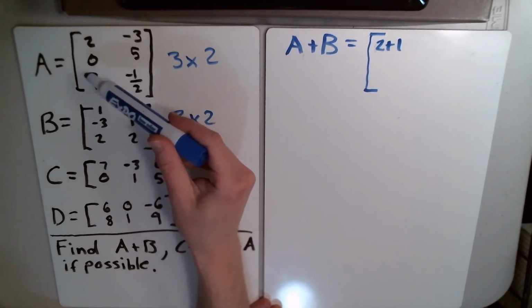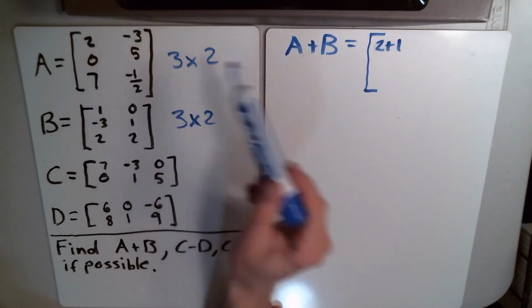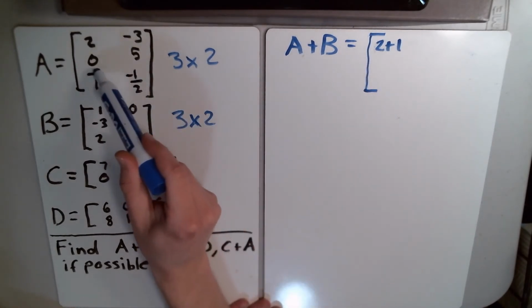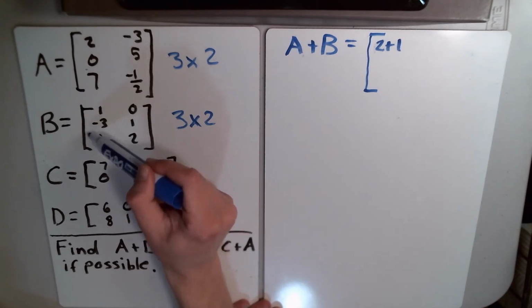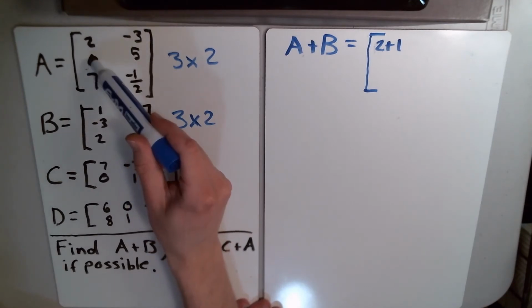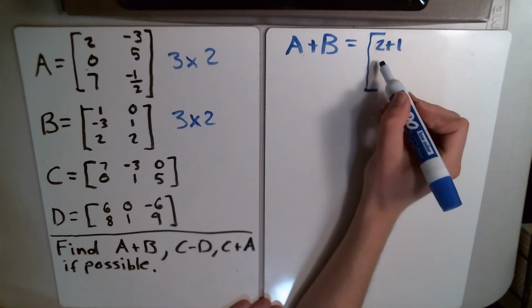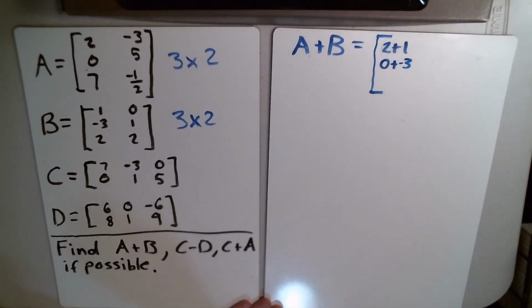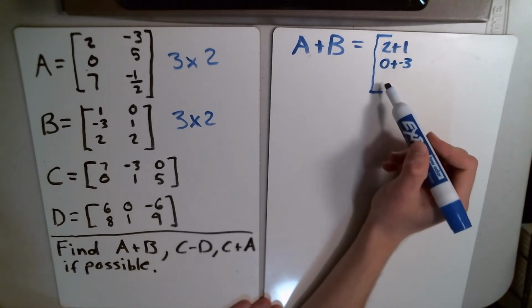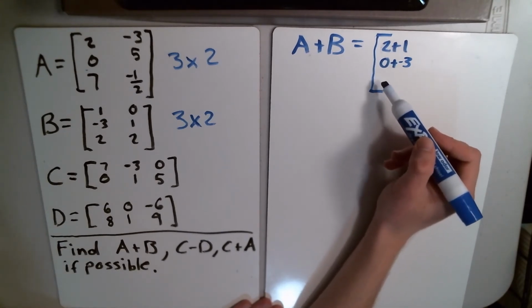To get my second entry, I go to the corresponding entry on A and the corresponding entry on B, and add those. So 0 plus negative 3. We can simplify these as well. I'm just writing them out so you can see where they came from.